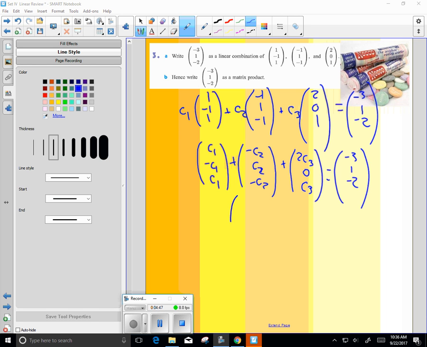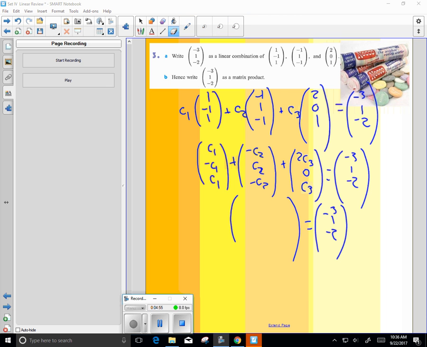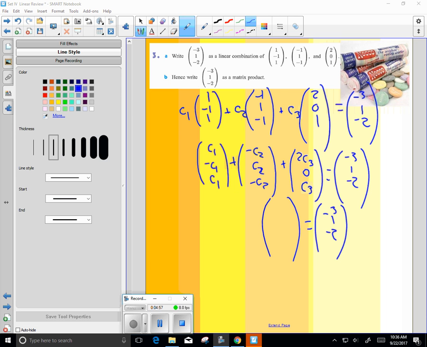So when you put this into one big thing here, you're going to get the matrix with rows 1, negative 1, 2, then negative 1, 1, 0, then 1, negative 1, 1, multiplied by C1, C2, C3.